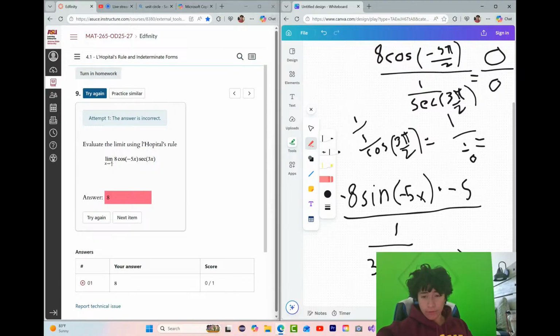That's what we have. Sorry, no, that's the derivative. Well, actually, not quite. The derivative of secant is secant of 3x tangent of 3x.